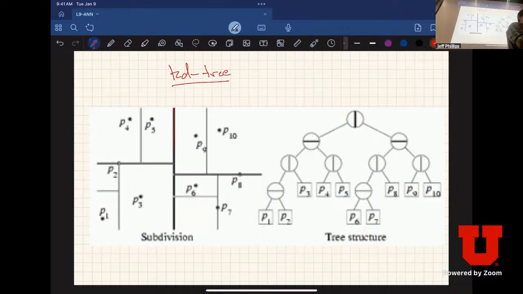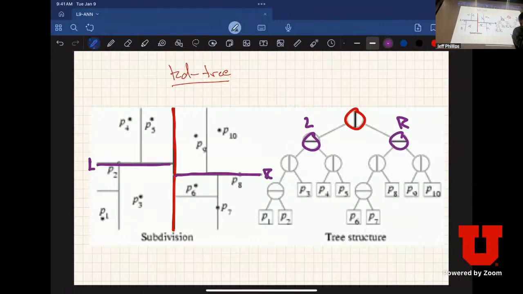This is the first split, and that corresponds with this node at the top that's dividing into the left and right. And then the next level is the median split here and here, and these correspond with this on the left side and this on the right. And then it's going to recursively split each of these down.